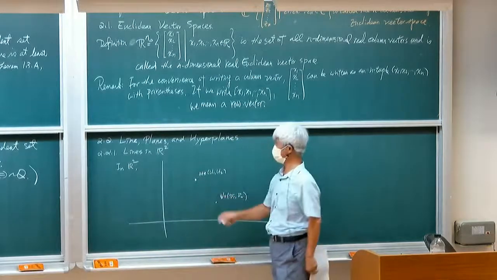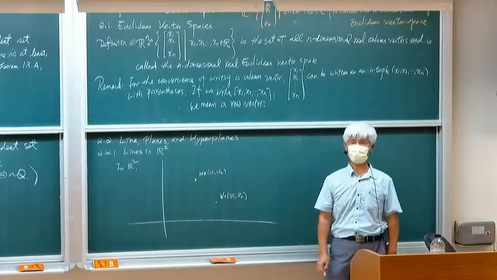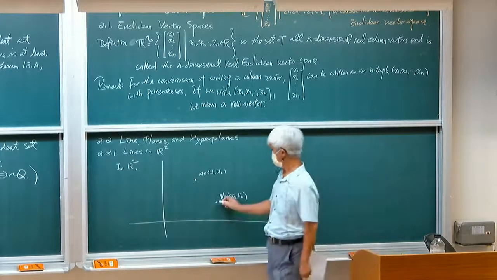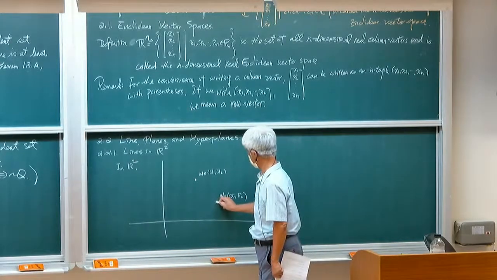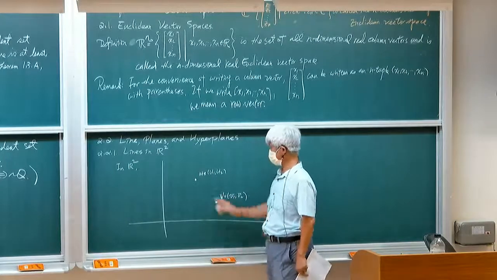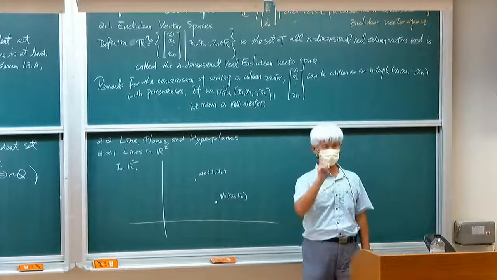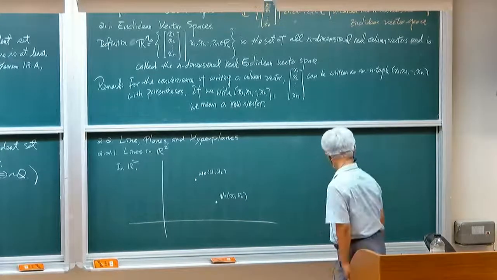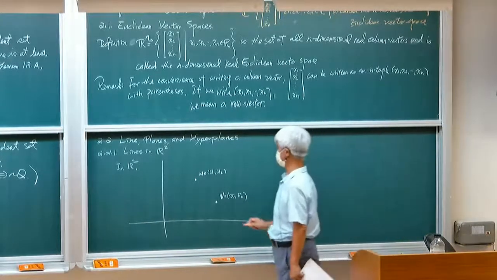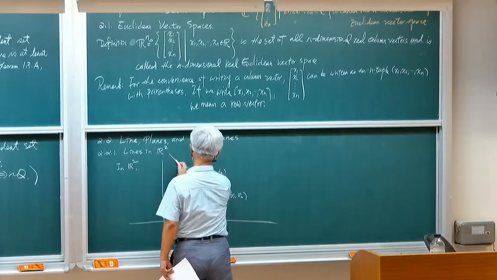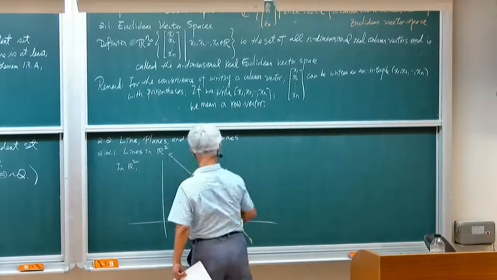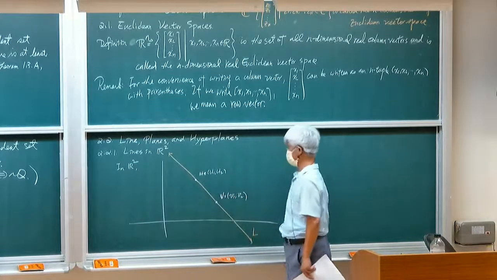Suppose we have 2 points in the plane, and by Euclidean geometry, these 2 points determine one and only one line. We call it L here.